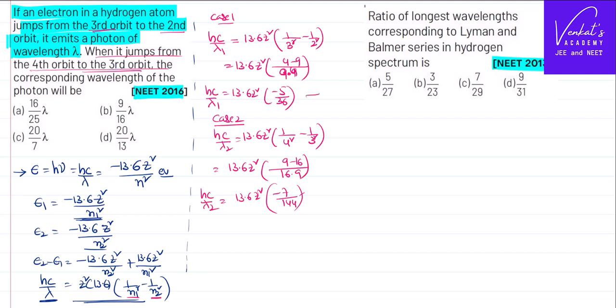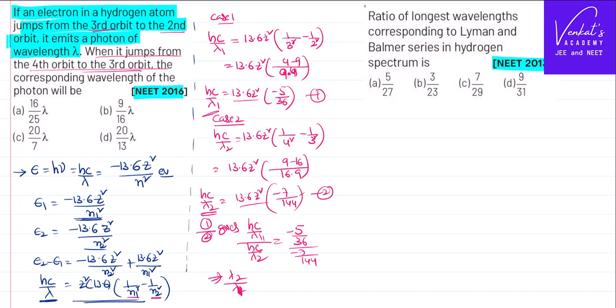Let us divide these two cases, 1 by 2. That gives hc by lambda 1 by hc by lambda 2. 13.6 Z square is common for both of them, it will cancel. 5 by 36 over 7 by 144, and hc also gets cancelled. So lambda 2 by lambda 1 equals 144 by 7 times 5 by 36, 36 times 4, so 20 by 7.